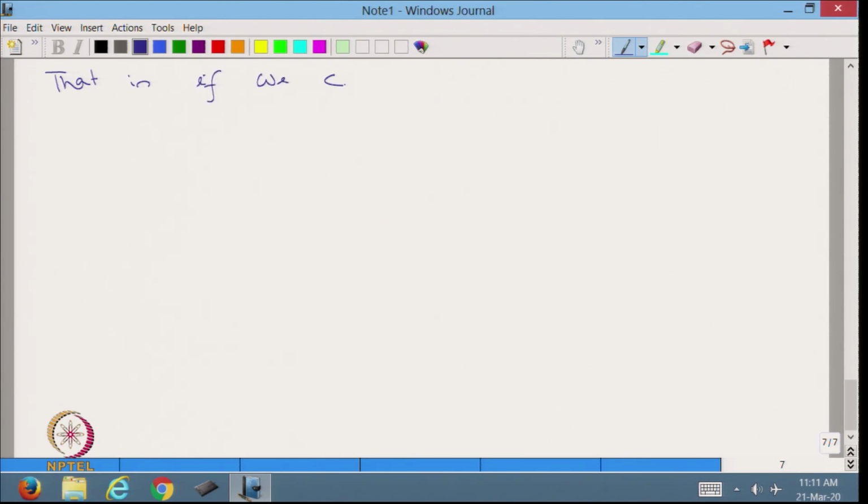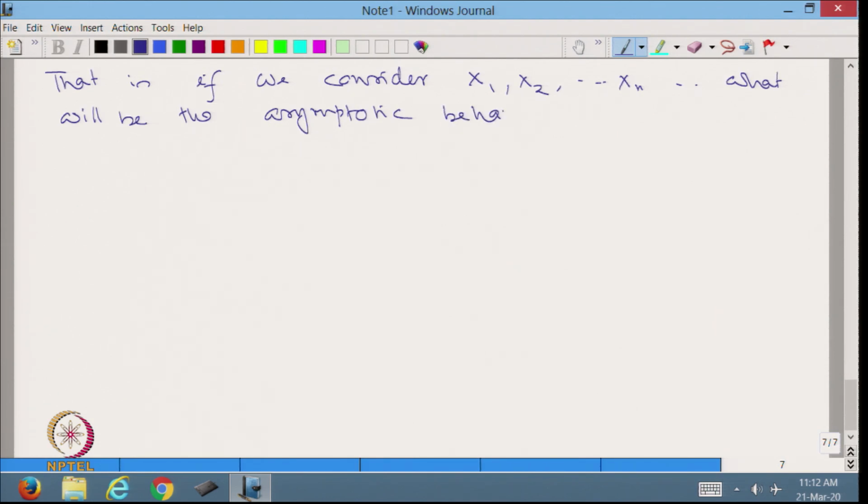That is, if we consider x1, x2, ..., xn, what will be the asymptotic behavior of Sn as a random variable?